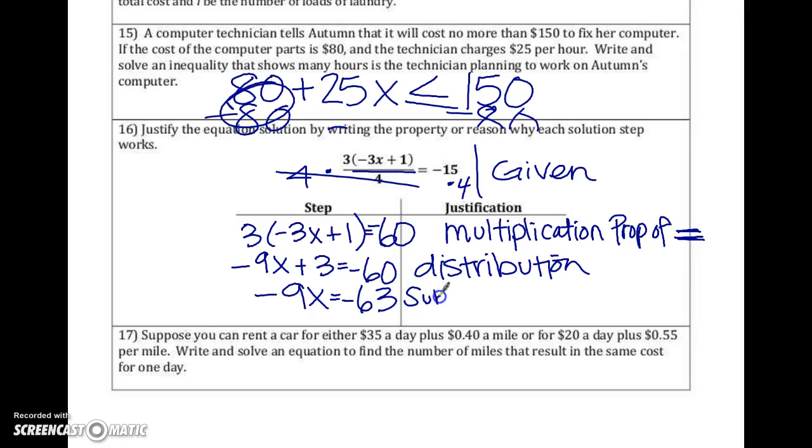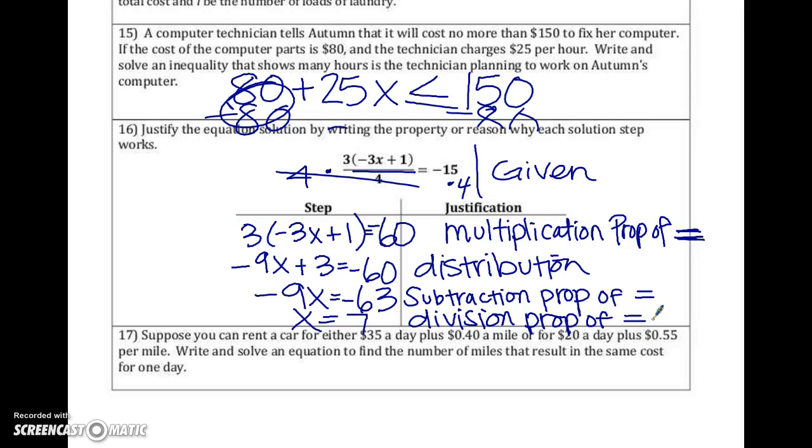So that is the subtraction property of equality. And last of all, got to get rid of the negative 9. So I divide it out, and we would get x is 7. I divide on both sides of the equals. Therefore, that is the division property of equality.